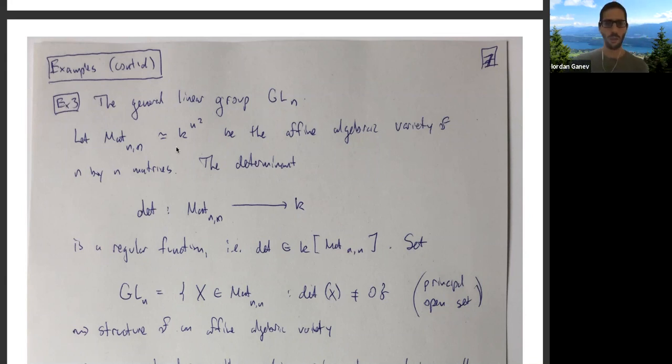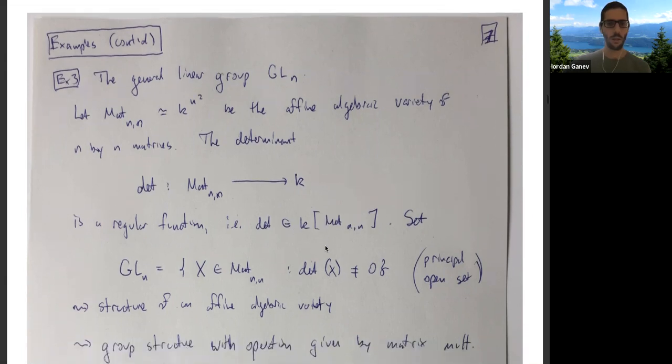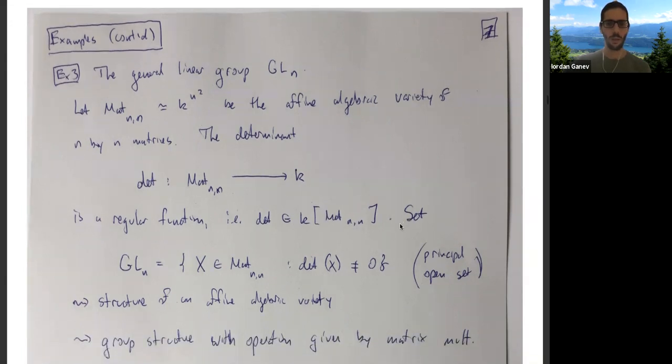It defines an element of the affine algebra, and we set GLn to be the principal open set corresponding to the determinant. So as I said, it's the set of all matrices with determinant non-zero.